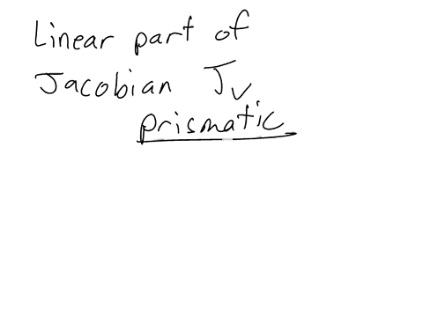It might be a bit confusing, but in the linear part of the Jacobian for a prismatic joint, we find column I of the linear part of the Jacobian in the same way that we found the rotational part of the Jacobian for a revolute joint.